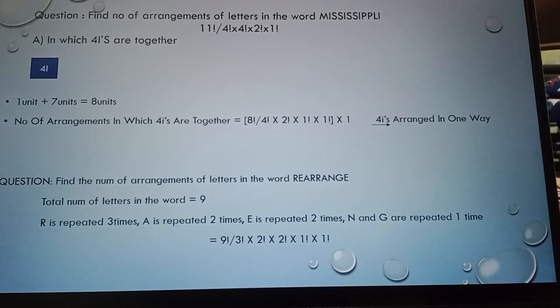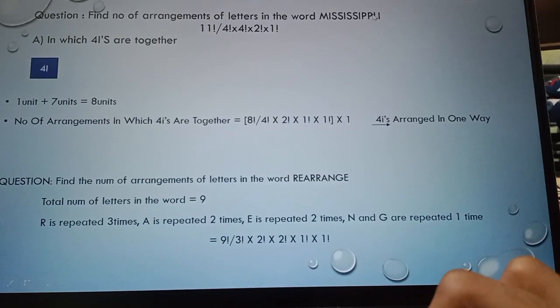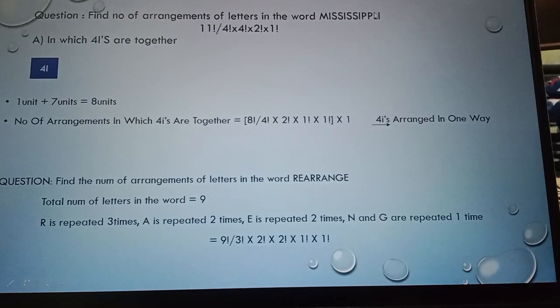Find the number of arrangements of the letters in the word MISSISSIPPI. The total number of letters in Mississippi is 11.